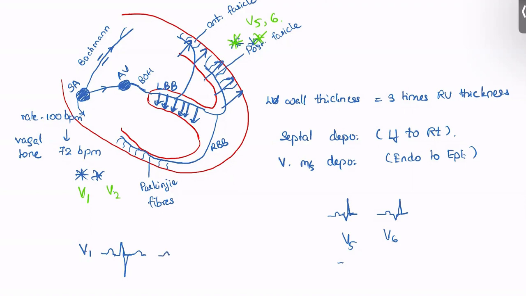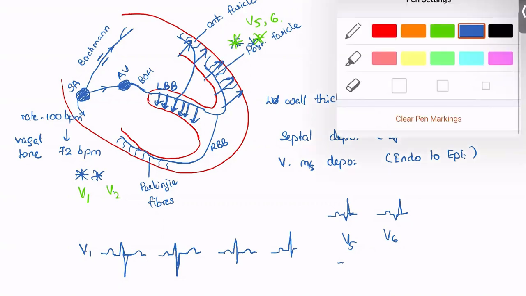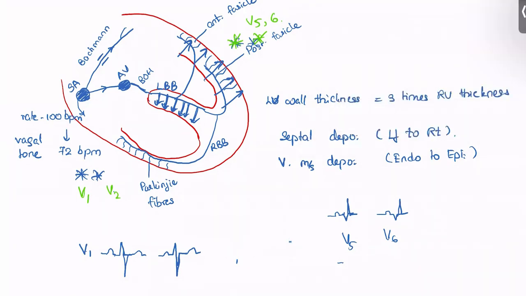V3 and V4 are in the middle position. So it means there is an upward, positive progression of the R wave from V1 to V5-6.